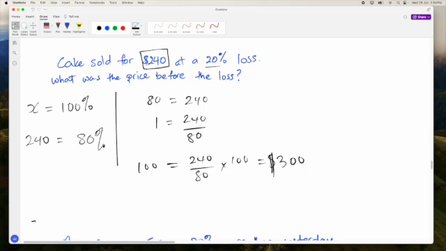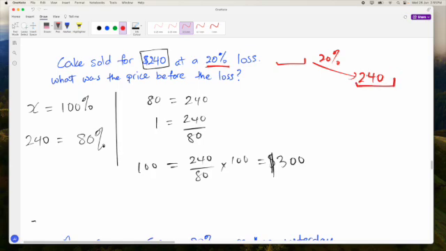A cake sold for $240, but this time we sold it at a 20% loss. So what was the price before the loss? So remember, you sold it at $240, but that is after a 20% loss. So it was a higher price, and then you make a loss of 20%, and now it's a lower price.